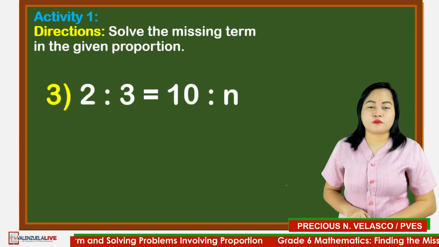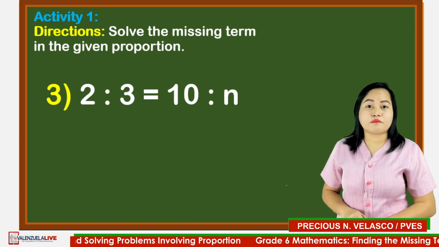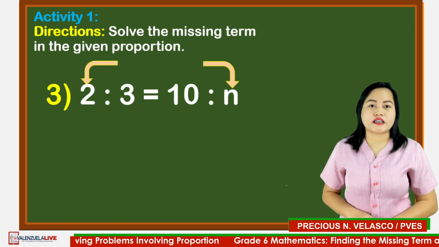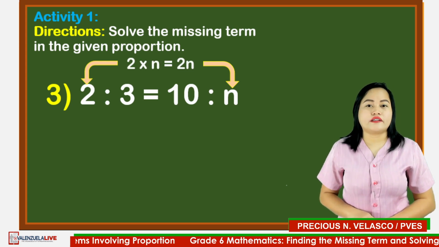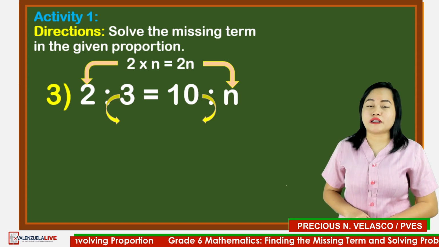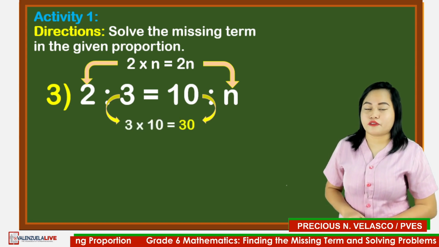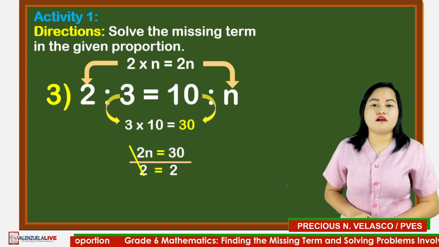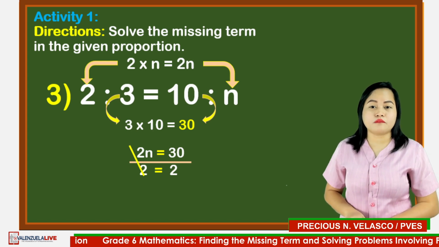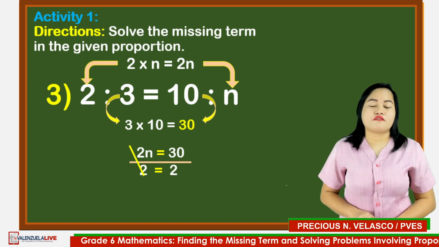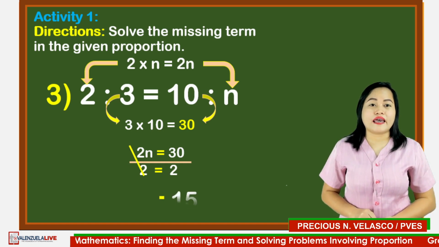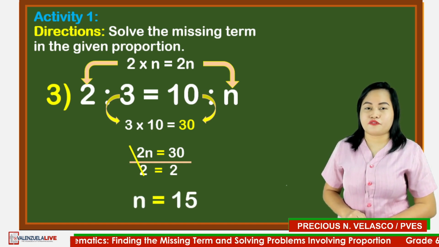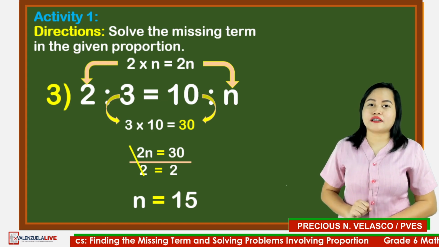We are going to multiply the extremes, 2 times n, which gives us 2n, and then 3 times 10 for the means, which gives us 30. Now, again, we are going to divide both sides by 2. So we have 2n over 2 is equivalent to 30 over 2, and n will give us a value of 15. Now, for the last one.